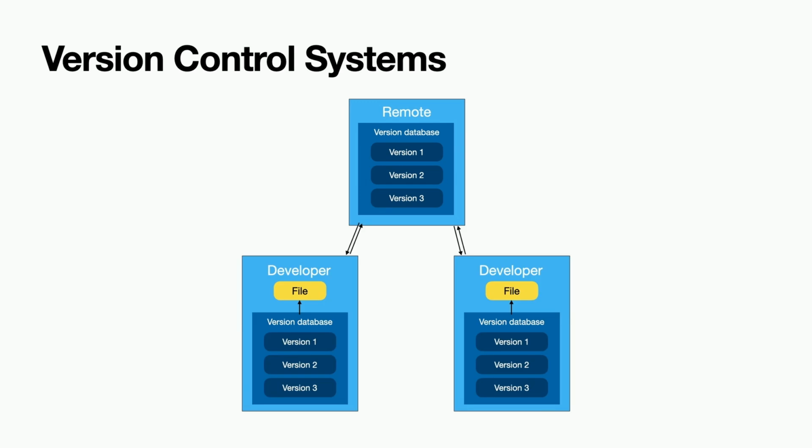Now, developers can clone or copy this version database to their own computer and work on source codes locally, even on a single file or multiple files. Multiple developers can work on multiple files or a single file as well. The point is that all this happens on their local PC.